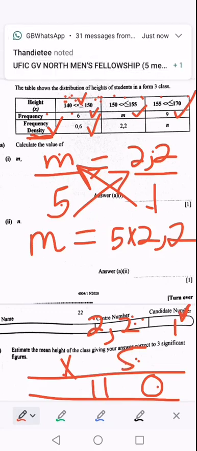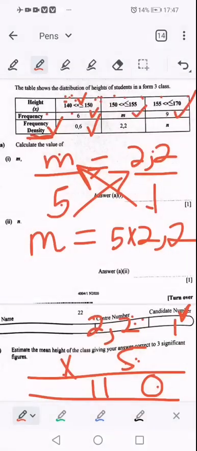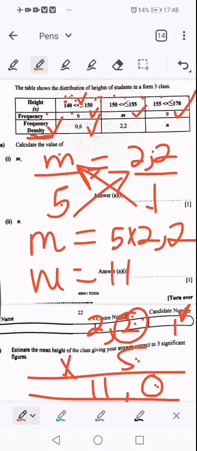Then how many numbers are after the comma? There is 1, so I count 1 and put a comma. So my answer is M equal to 11. Very simple and straightforward. M is 11.